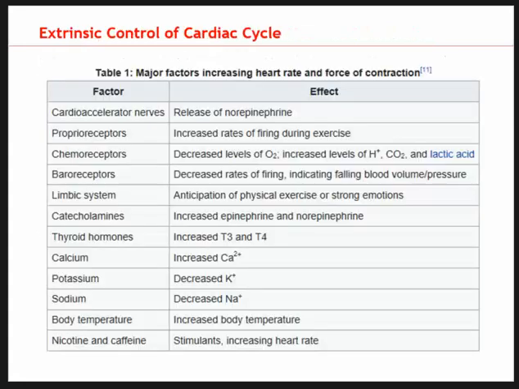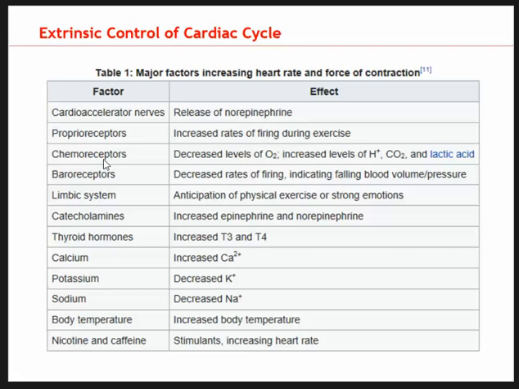This slide was added to show the effect each of these systems has. At the top, it shows major factors that increase our heart rate and force of contraction. You don't have to know much about this slide. We've already talked about proprioceptors in chapter 4, with an increased rate of firing during exercise.